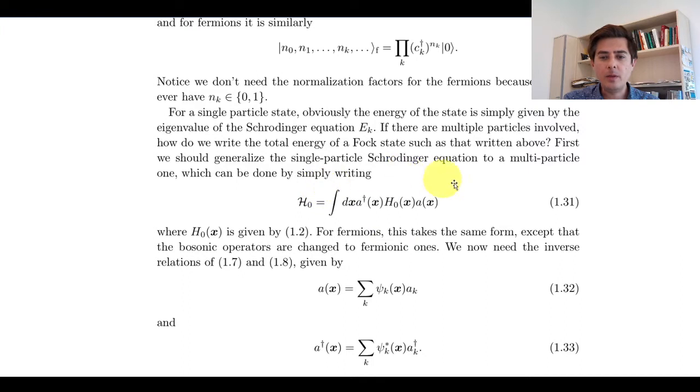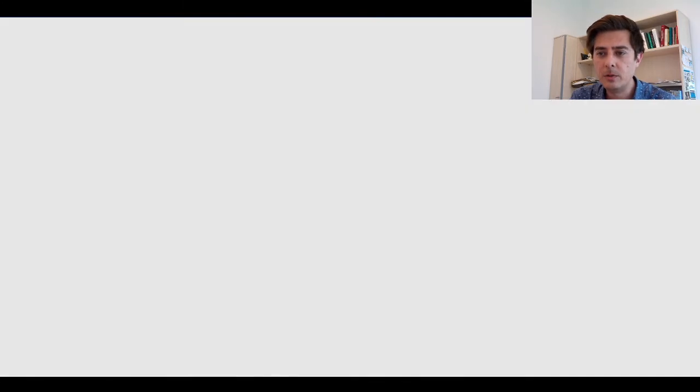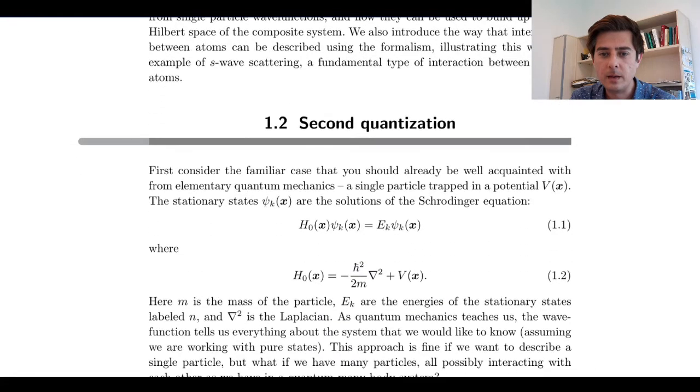We can write down the total Hamiltonian of this multi-particle system in this way, where we have H0. This is just the single particle Schrodinger equation. If we go all the way back to 1.2, let's have a look at that. Yeah, so this is just our usual Schrodinger equation.